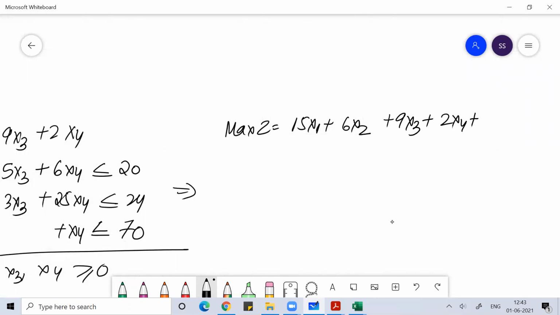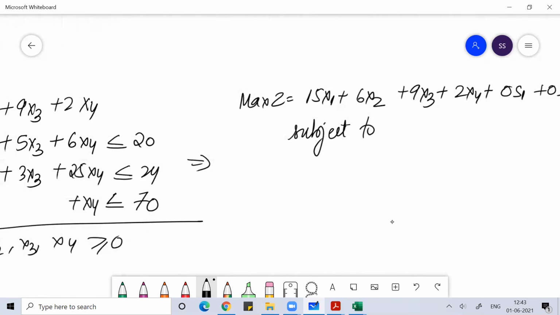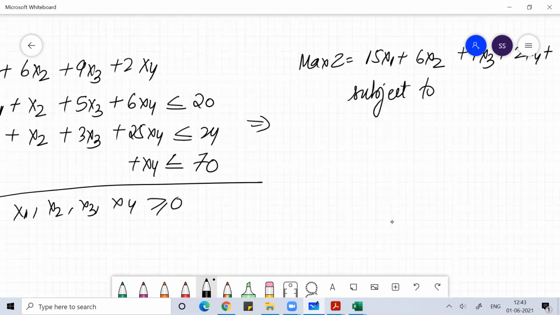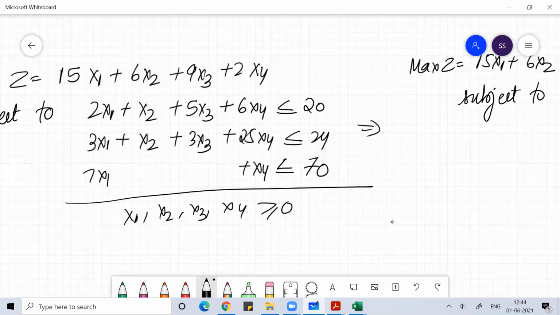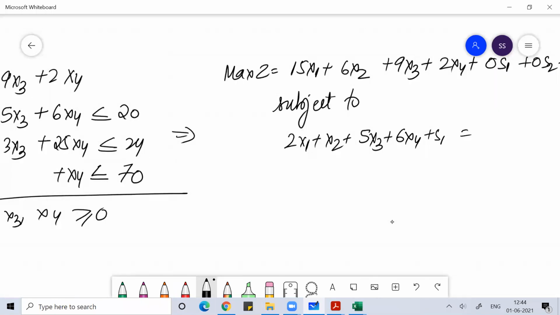You have three constraints now, so you use three slack variables: plus 0s1 plus 0s2 plus 0s3, subject to the constraints. The constraints are 2x1 plus x2 plus 5x3 plus 6x4 plus s1 is equal to 20.